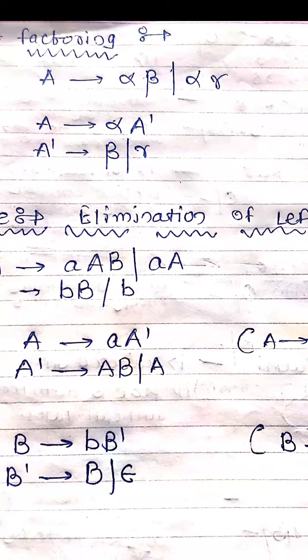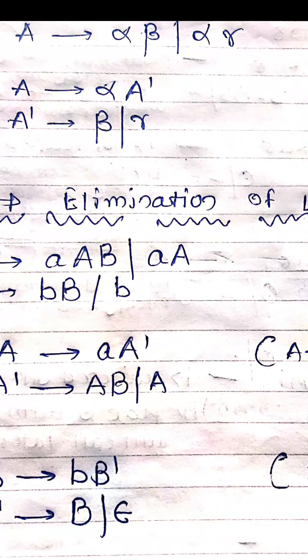This is the formula to reduce or eliminate left factoring from the given grammar. Whenever we have a form like A produces alpha beta or alpha gamma, then we have to perform A produces alpha A dash and A dash produces beta gamma.